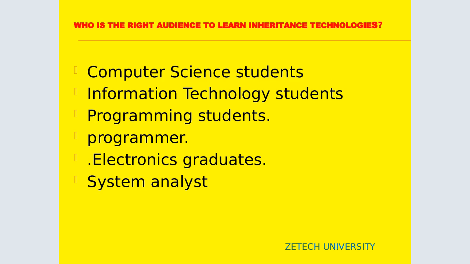All of you are eligible because you are computer scientists, information technology experts, programmers, students. Some of you are doing electronics. Some of you are aspiring to become system analysts in the future, because I know in your course you've been dealing with system analysis and design. So basically, all of you fit, and this is why we are mentioning the people who are supposed to understand the term inheritance and be able to write a program based on that.